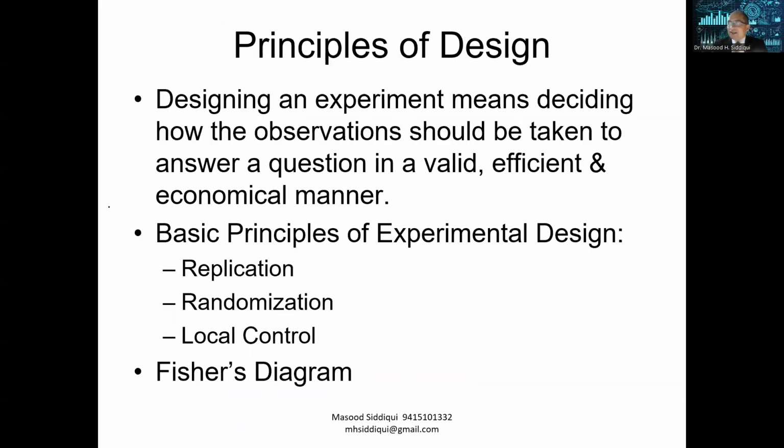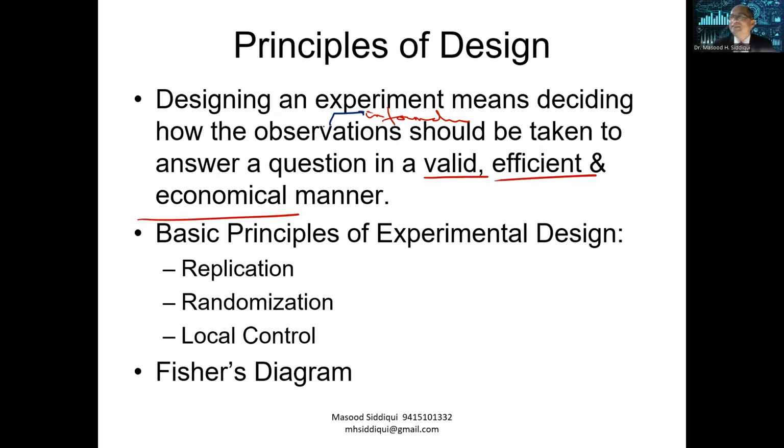Now, as we have discussed the research design, here we are providing the necessary definition. Designing an experiment means deciding how the observations should be taken, so that these observations provide the information to answer a question in a valid, efficient, and economical manner.